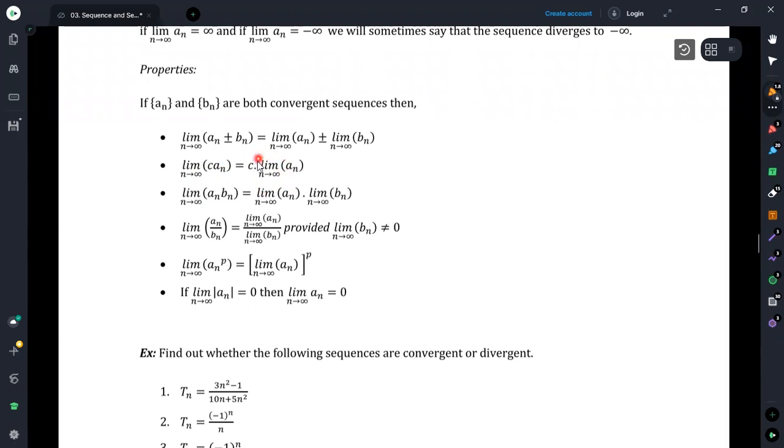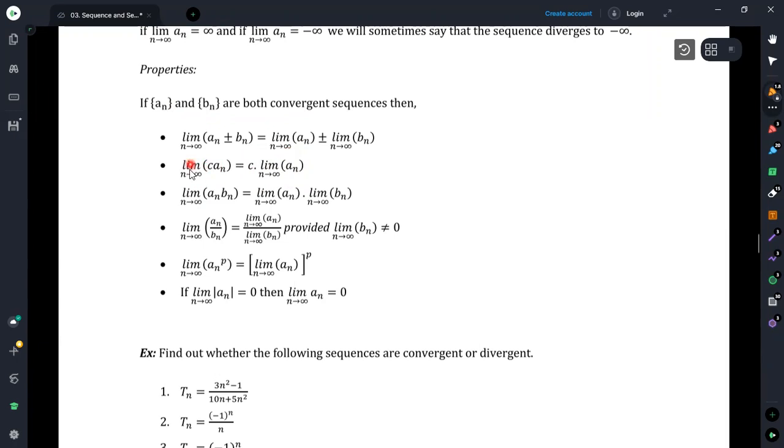Here the fundamental rule of limits, which will be discussed later, is used. But what we know is an is a convergent sequence. Therefore, the limit as n goes to infinity would be a finite value, and a finite value multiplied with the constant or integer c again gives a finite value.